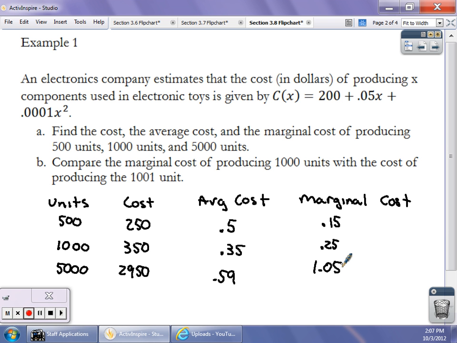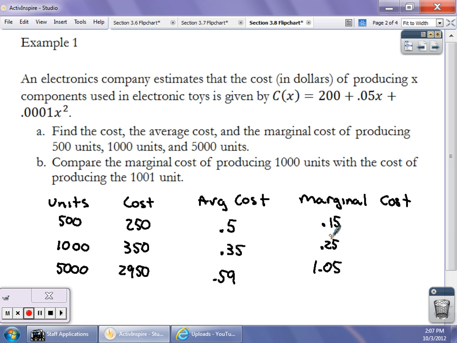The idea in the second part is that we want to compare the marginal cost of producing 1,000 units with the cost of actually producing the 1,001st unit. The marginal cost at 1,000 units, which is 25 cents, is approximately how much more it would cost to produce one more of these little electronic things.